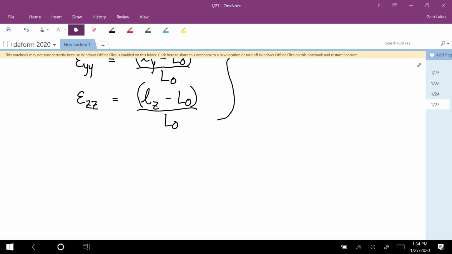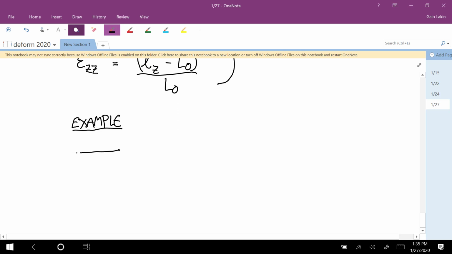Okay, let me do an example. So let's say that we have a piece of material that starts out with a length of 1 centimeter, so 0.01 meters, and a height of 0.008 meters.